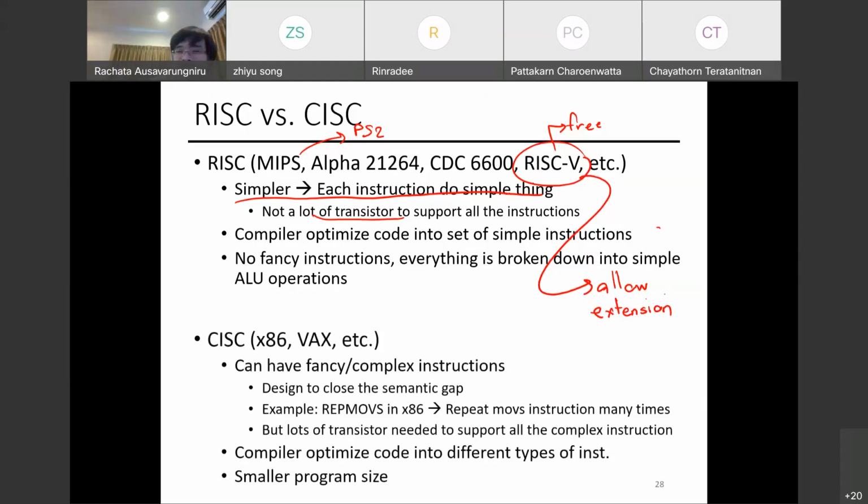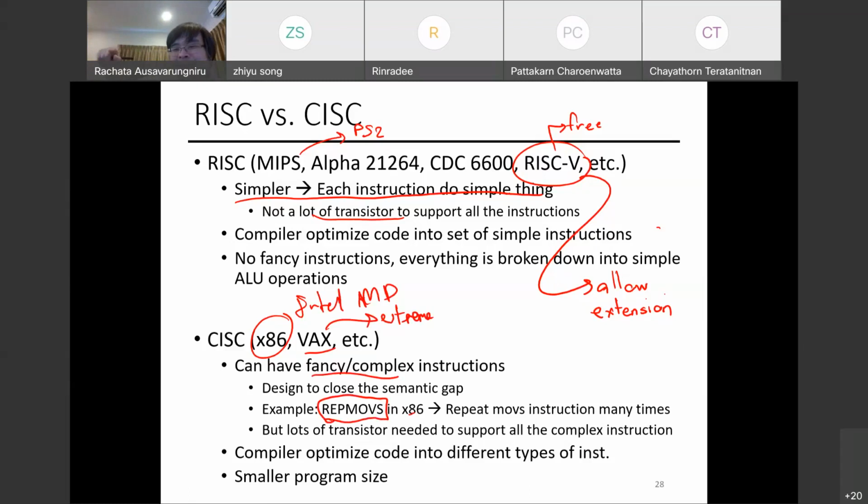For CISC ISAs, some examples are x86, right, which you use nowadays, used by both Intel and AMD. VAX is kind of the extreme. We don't use this anymore because it supports way too many different instructions. You can have a fancy or complex instruction. For example, I do encourage you to look up this instruction called rep move fast.